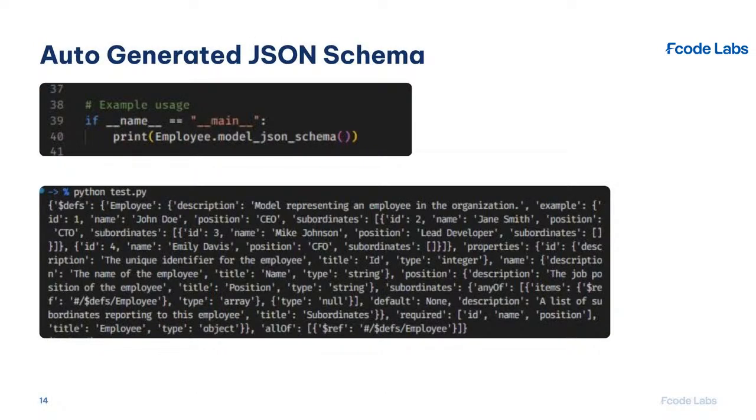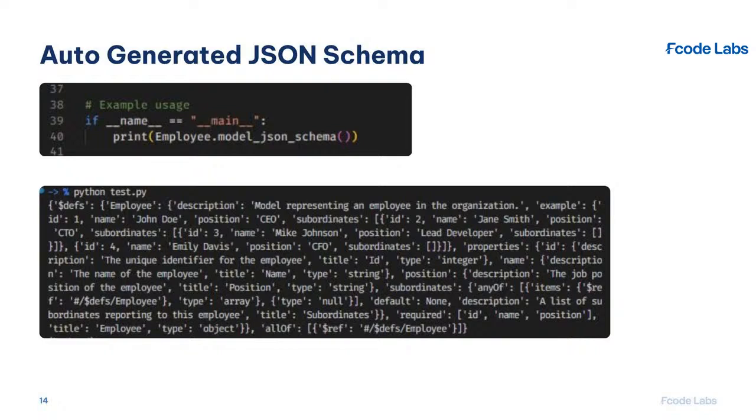And here, how are we going to get the JSON schema from a Pydantic model? We just call model JSON schema, and it gives a pretty good schema explaining what the class does, what the data types are, what the required fields are, and descriptions of the fields are also there, and the example is also there.